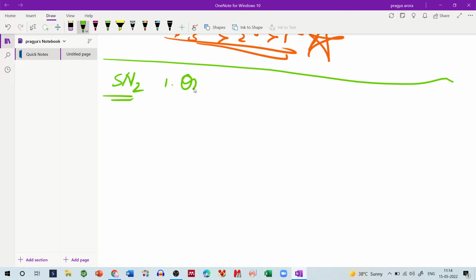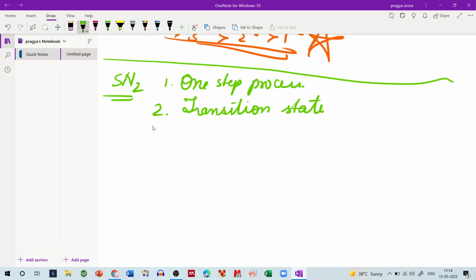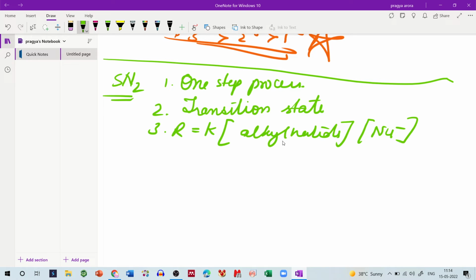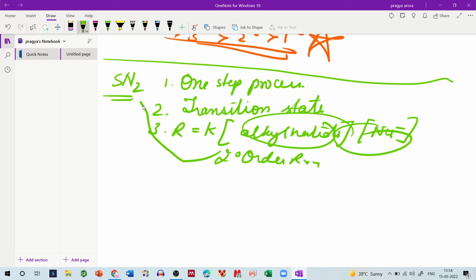It is only a one-step process. Instead of formation of an intermediate, there is formation of a transition state. The rate of reaction depends upon the alkyl halide as well as the nucleophile. That's why it depends upon two reactants, and is called a second order reaction. That's why this 2 is written here.